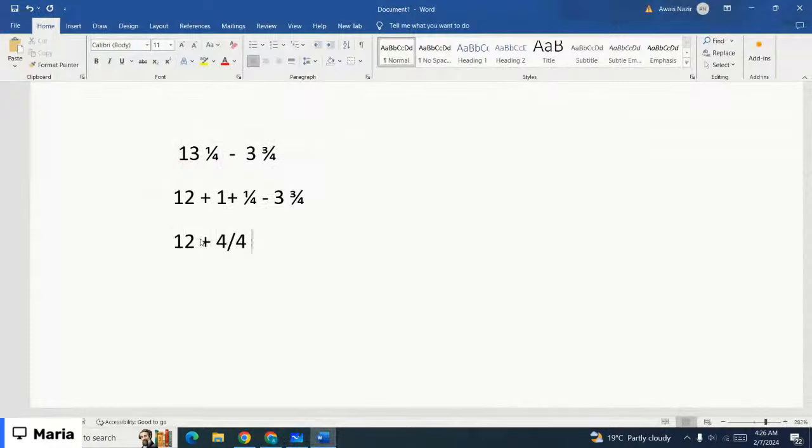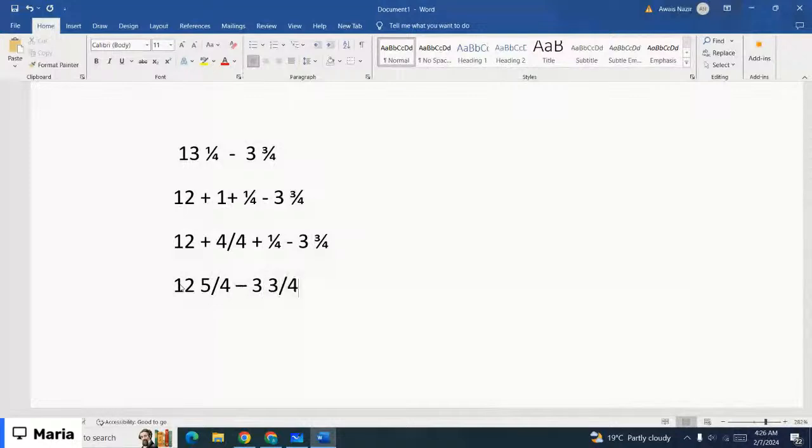So 12 plus 4 over 4 plus 1 over 4, minus 3 whole 3 over 4. Now it is 12, and 4 plus 1 is 5 over 4. So that is 12 whole 5 over 4 minus 3 whole 3 over 4.